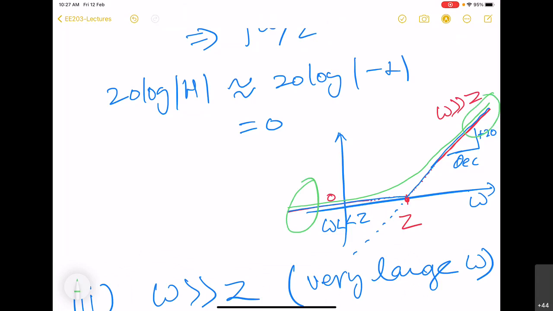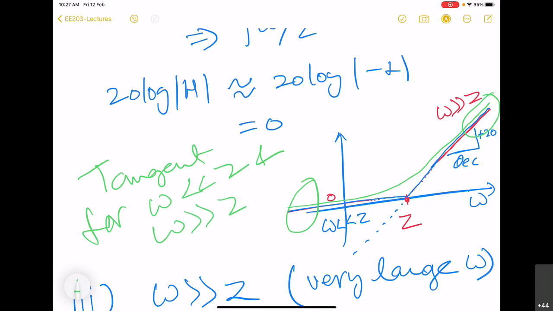Not only that, the approximate curves are tangent for omega much less than Z and omega much greater than Z, right? And we know that tangents for extreme values, very small or very large, are called asymptotes. So that is why the curve that we have plotted, this blue curve or red curve, is the asymptotic plot of the actual one.